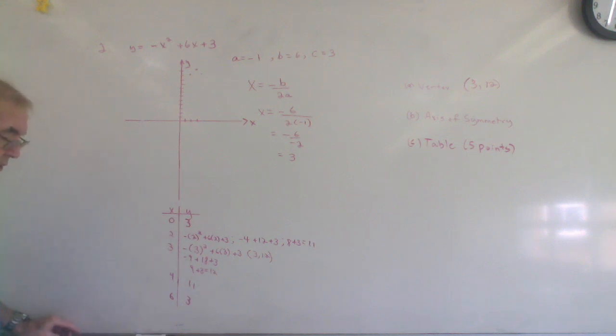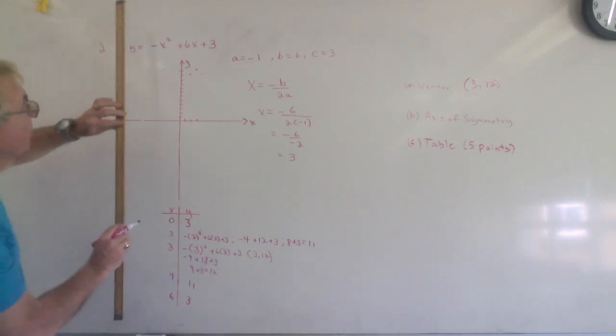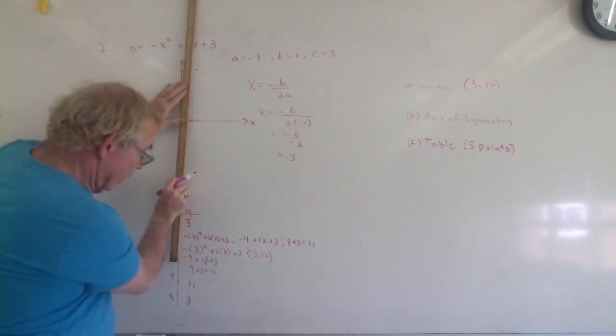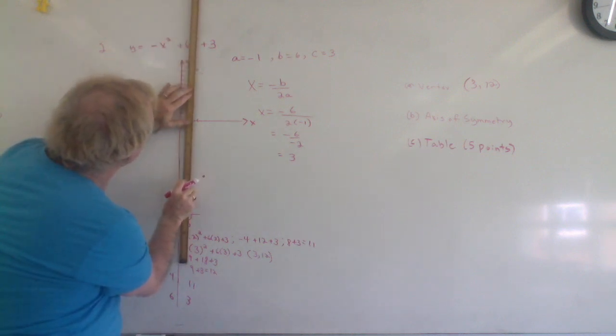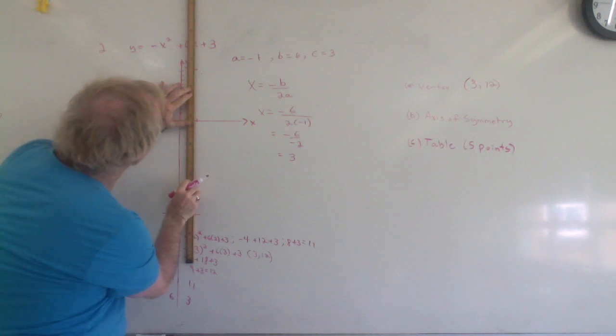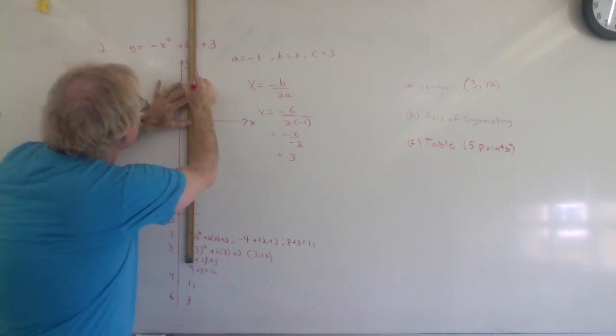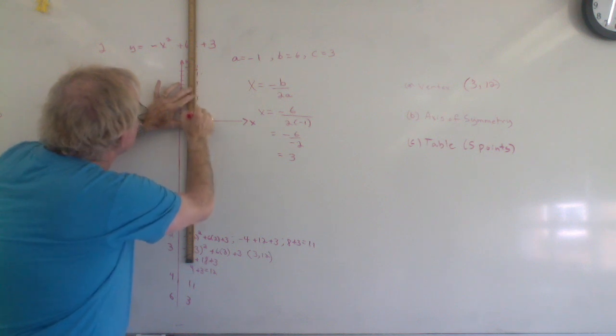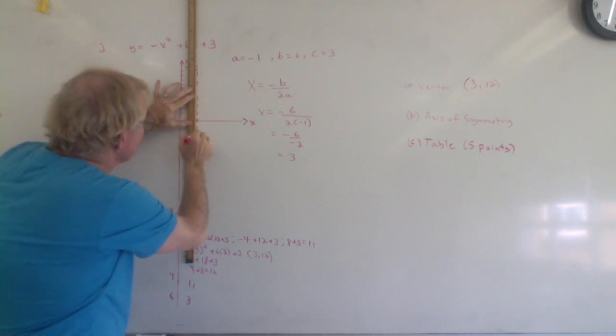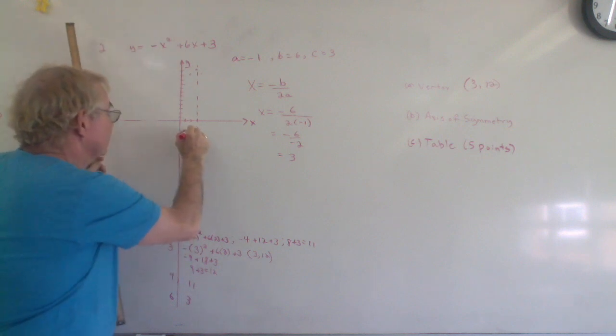We used our axis of symmetry, which I'm now going to draw. And remember, it goes down for the point 3. And we denote it with a broken line. And we make sure it's a line, so we put arrows on it.